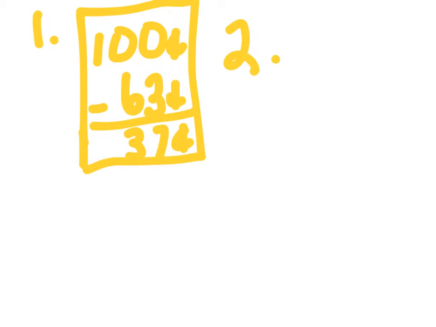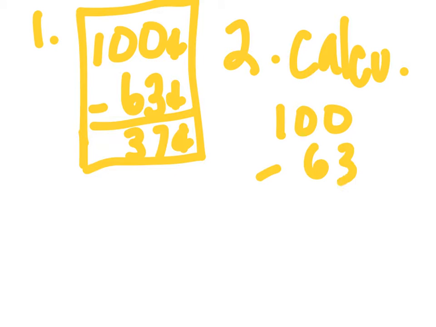Way number 2 is you use a calculator. Okay? And you would type in 100 minus 63, and then the display will say 37, and you would know that. The third way is you count back the change.